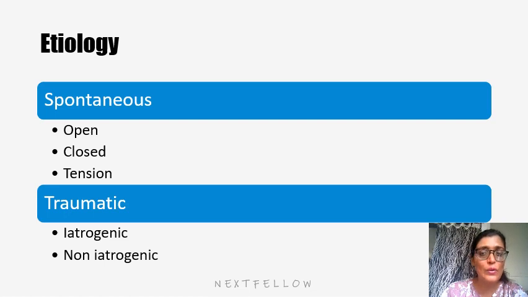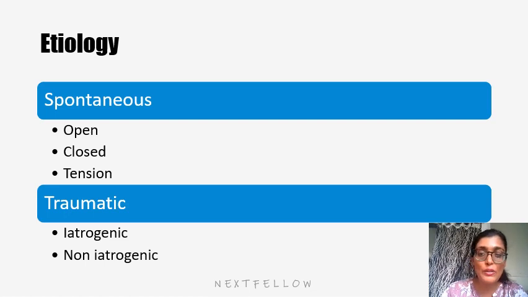Then any kind of thoracoscopy or thoracocentesis. Even while putting an ICD for pleural effusion, many times air can seep in, and in rare cases it can cause pneumothorax. But the treatment of pneumothorax itself is ICD, so no further treatment is required in such cases.